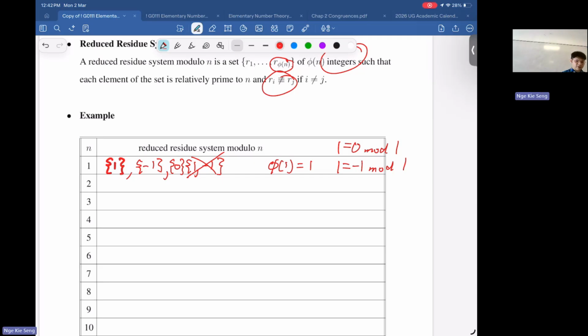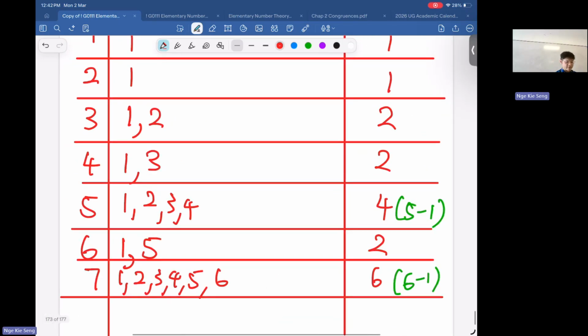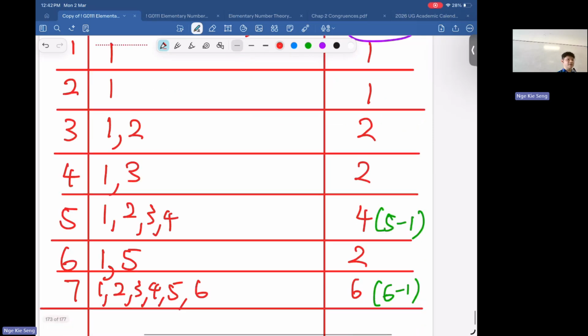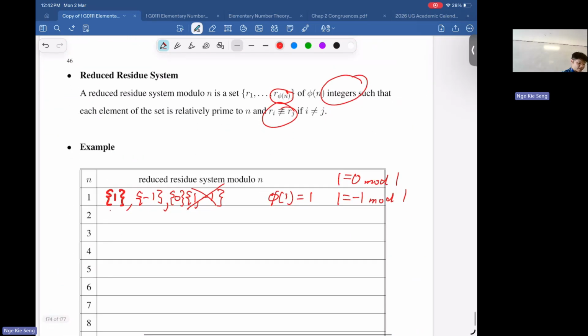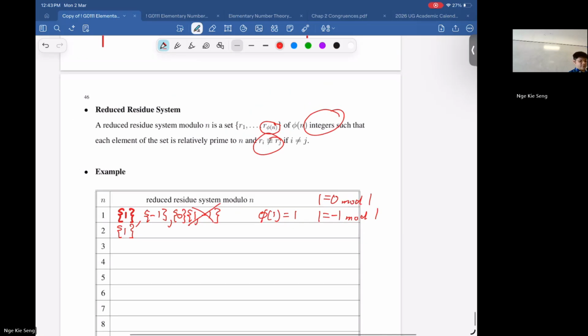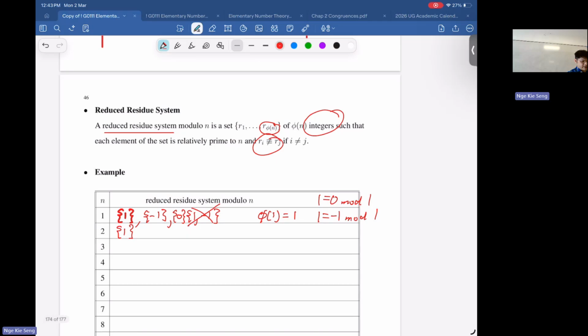So how about 2? What sort of reduced residue system can you pick? What is phi 2? Phi 2 is 1, right? So you can only choose one thing inside there. Maybe you can pick 1. Does it make sense? I think you are a bit confused, so maybe I repeat again.